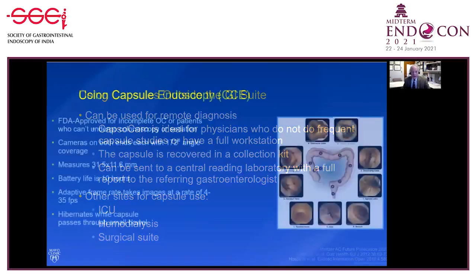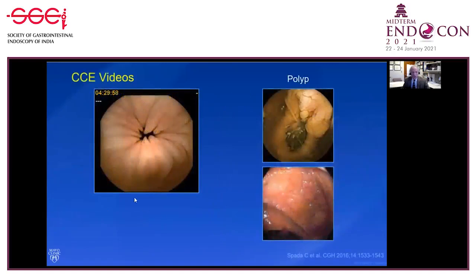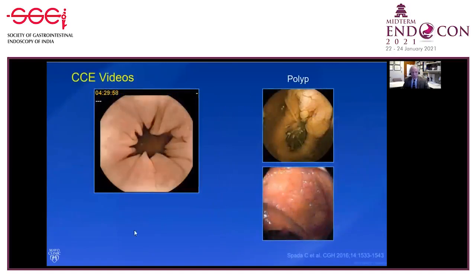Let's not forget about colon capsule endoscopy. This is FDA approved in the United States for incomplete colonoscopy or patients who can't undergo colonoscopy. And the capsule takes very nice pictures of the colon, as you can see here on the right. And to give you representative pictures, you can see here what it might look like as it goes through.